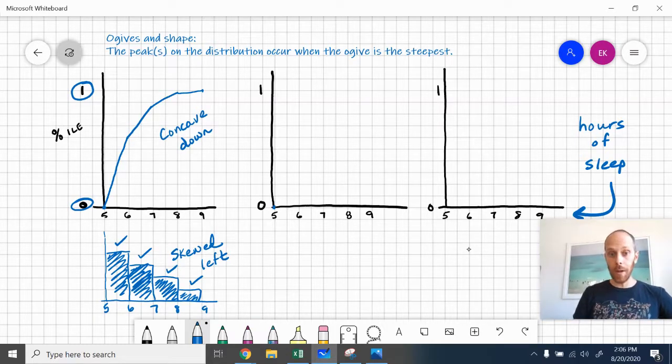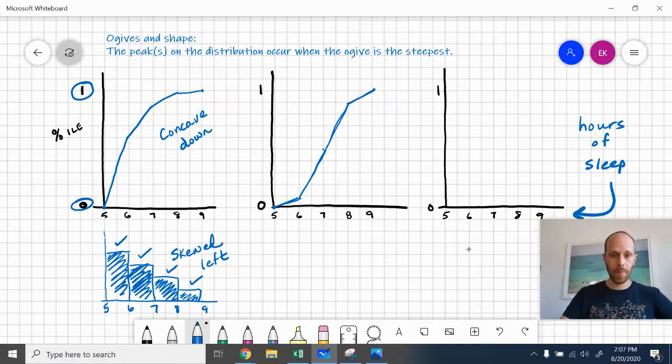Imagine you have this time an ogive, and I tell you that the ogive has a small increase, followed by a large increase, followed by a large increase, followed by a small increase. So small, large, large, small. Not steep, steep, steep, not steep.